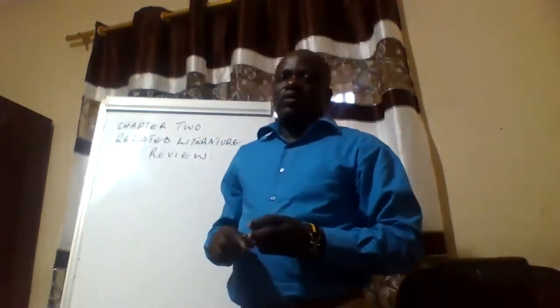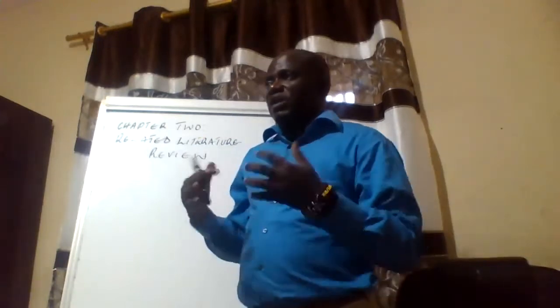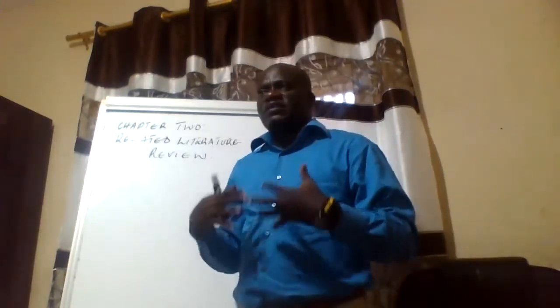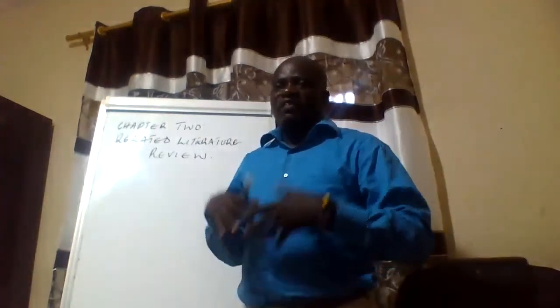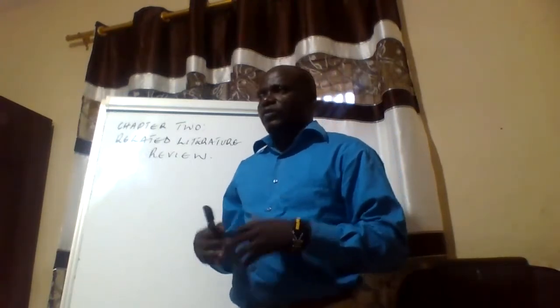I'm proceeding to teach thesis writing, meaning writing a thesis that is publishable. So we are moving to lesson 3, in which we are going to look at chapter 2, which is the literature review.